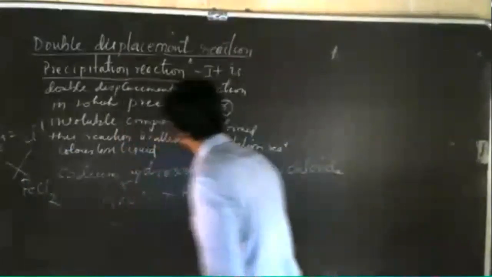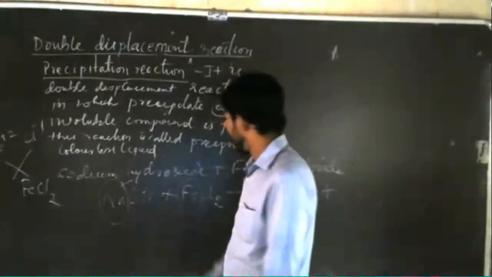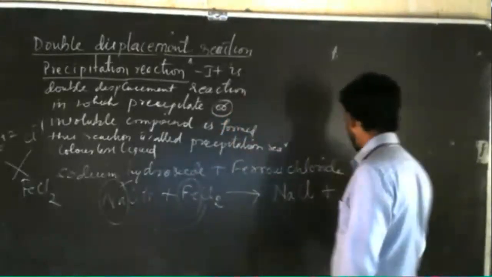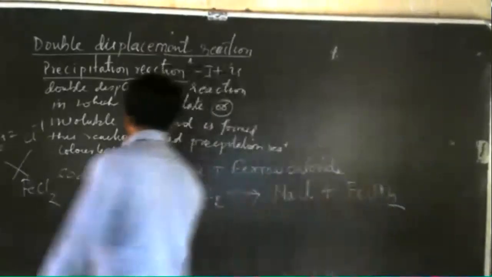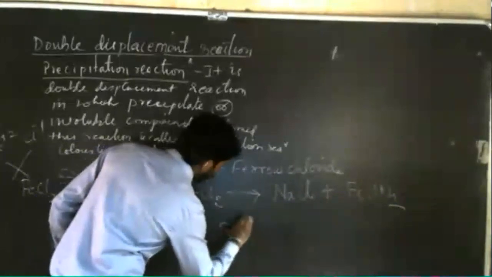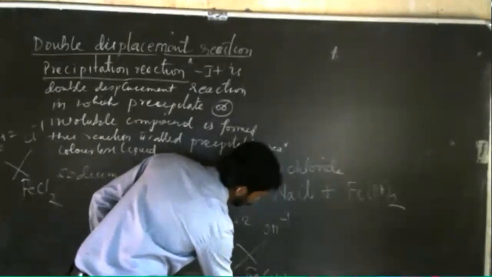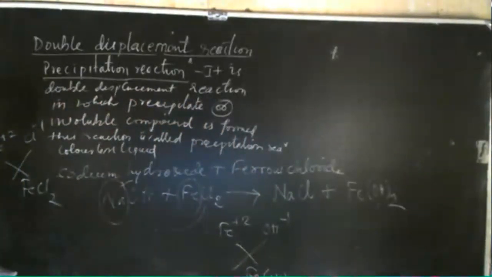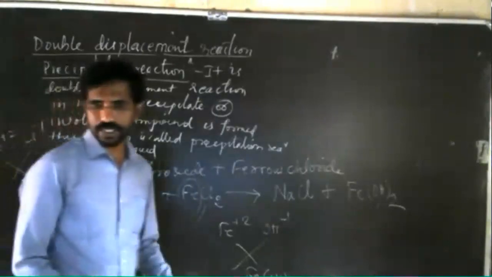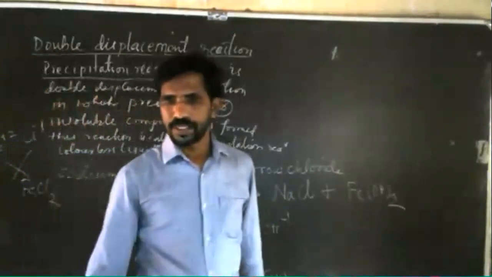Sodium, being a cation, reacts with Cl and becomes NaCl. What is remaining now? Ferrous hydroxide will be formed, because Fe plus 2 and OH minus 1, so it becomes Fe(OH)2. Ferrous hydroxide will form.